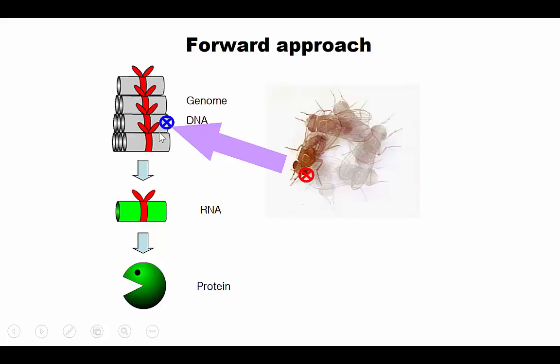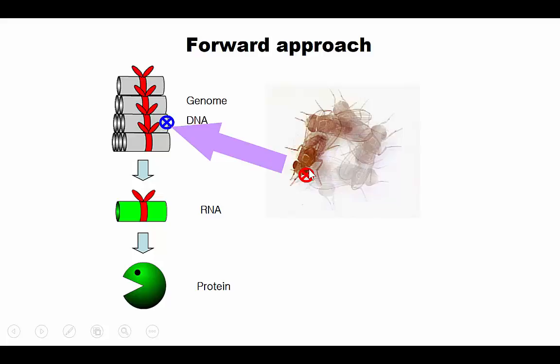That sequence change we call a mutation. To find that mutation, we need to search all the genomic changes and find out which gene's change is directly related to this phenotypic change. So in this approach, we started from the phenotypic change, and later we found out which gene is changed.